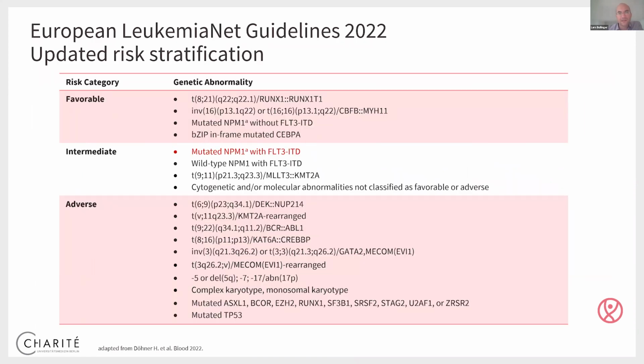But on the other hand, we all know that, I also marked mutated NPM1 without FLT3-ITD in red up here. So in the updated ELN risk classification, NPM1 mutant ones are found in two different categories.